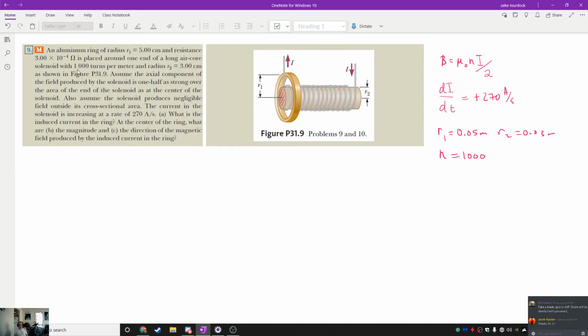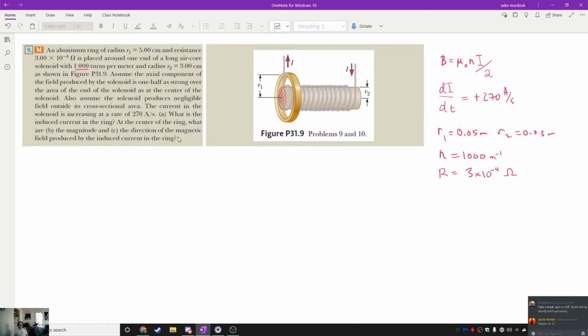It says right here, 1,000 turns per meter. So it's 1,000 inverse meters. And the resistance of the ring, the outer ring, is 3 times 10 to the negative 4 ohms.